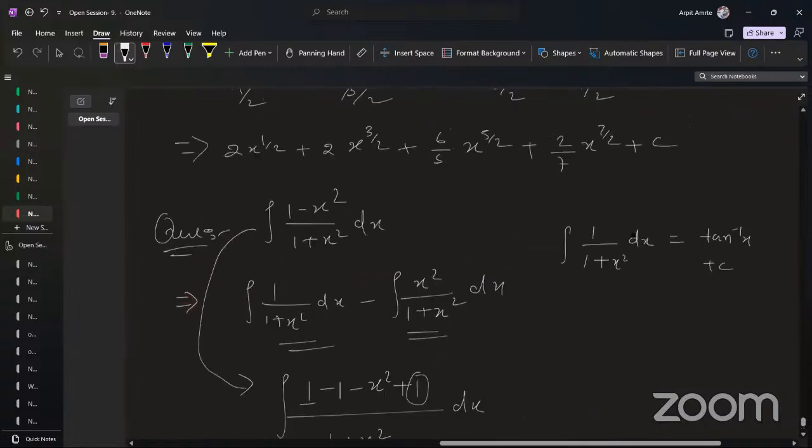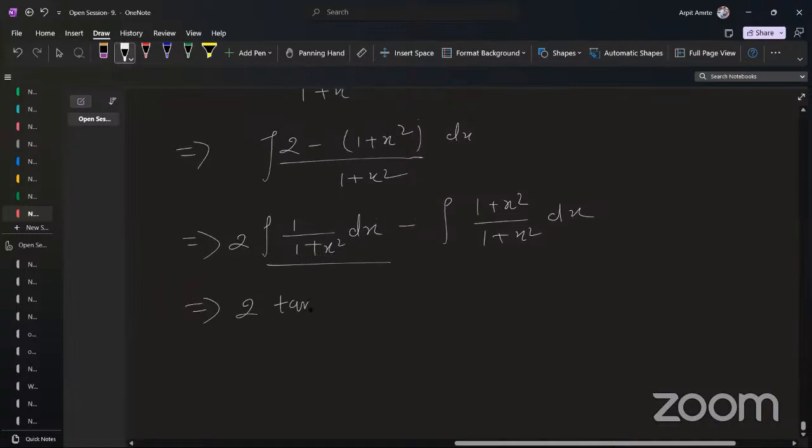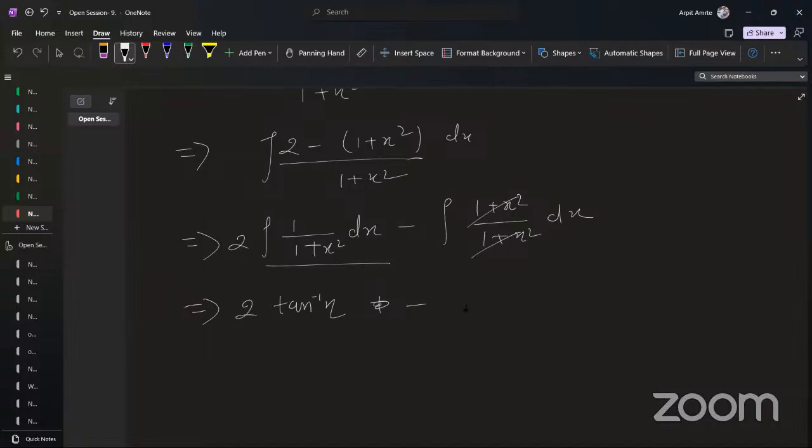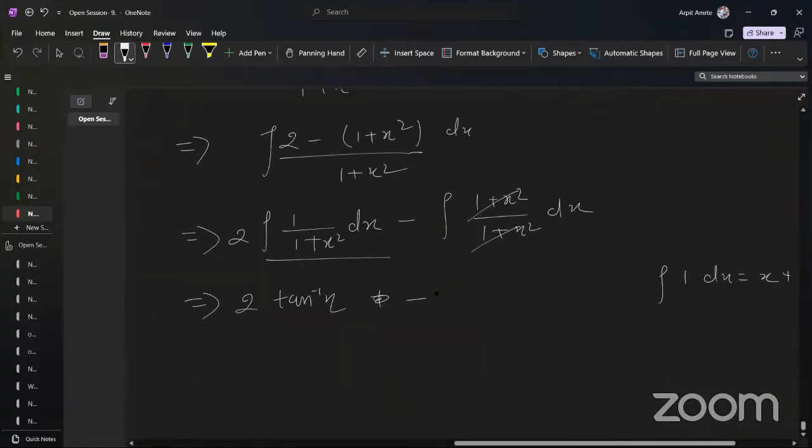We have this formula: tan inverse x. So it will be tan inverse x minus, this will become 1, and 1 into dx is x. Minus x plus c constant.